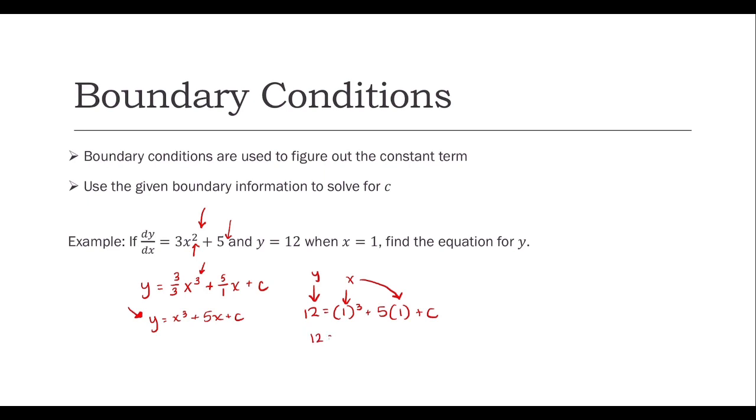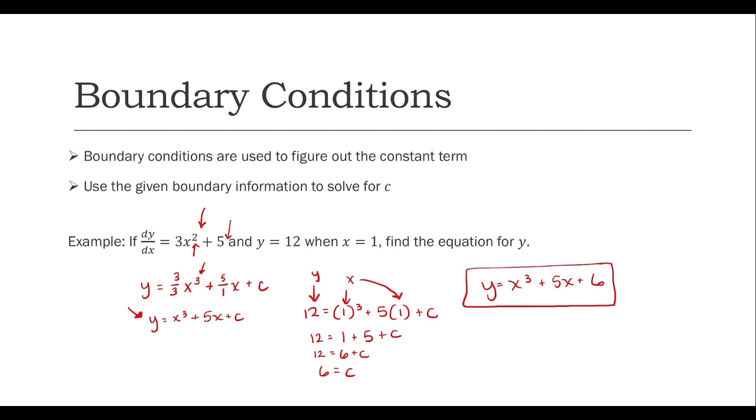So 12 equals 1 cubed is 1, plus 5 times 1 is 5, plus c, so 12 equals 6 plus c, and then we'll subtract 6 from both sides to get that 6 equals c. So now that we've solved for c, we can say that y equals x cubed plus 5x plus 6. So that's how you would use your boundary condition to find your constant.